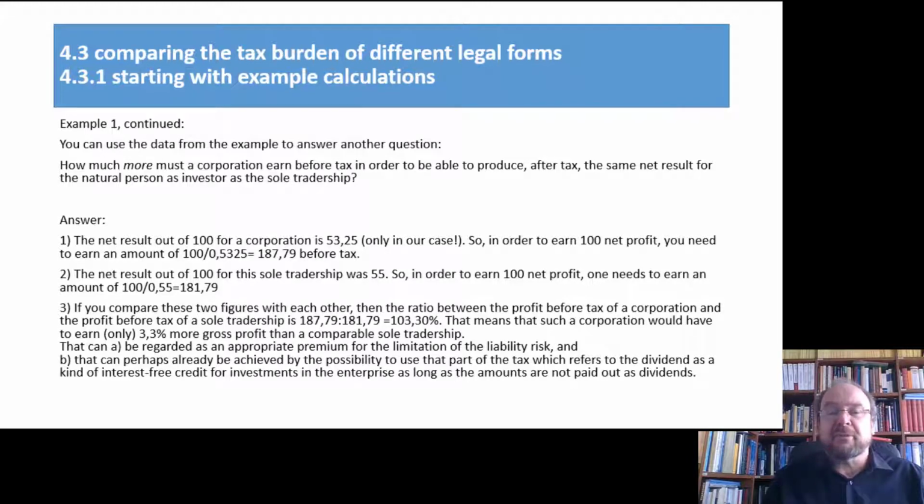Also, you could say probably just by delaying the dividend payments over a long time, it should be easy to produce these additional 3%, for example, by way of saving the interest cost for credits, which would otherwise have to replace that amount of money, which now you can still keep within the enterprise.